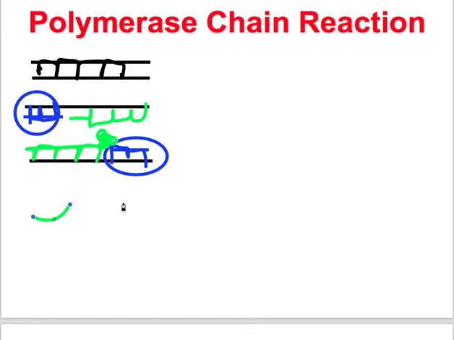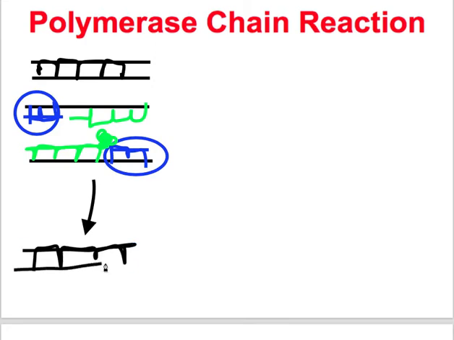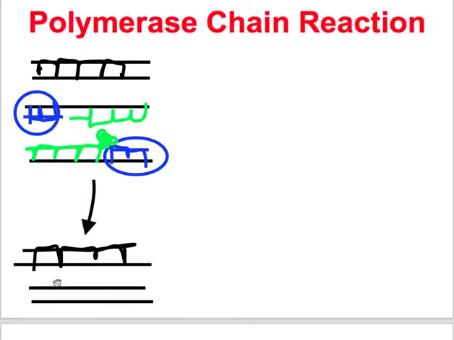And then at this stage, what you have is two completely new... See, I told you this was going to be ugly. What you have is two new copies of the original section that you used your primers on.